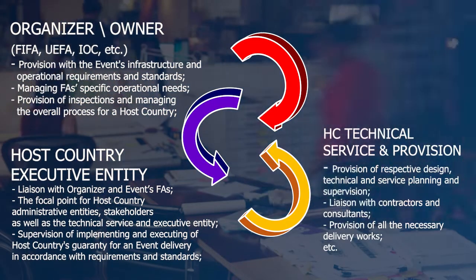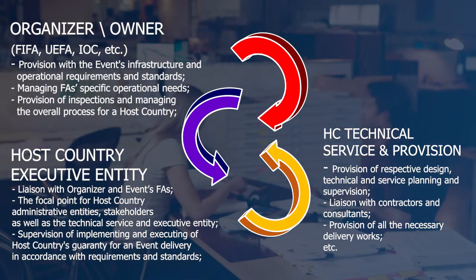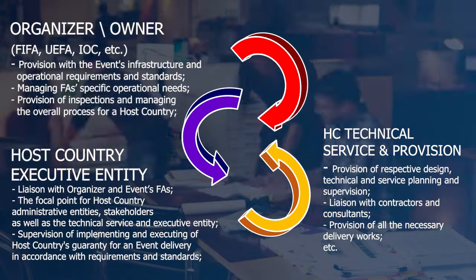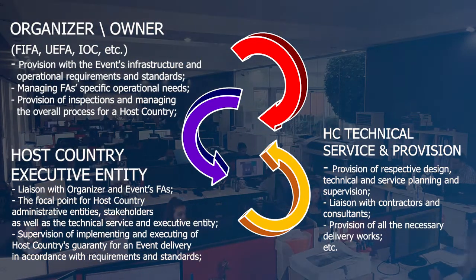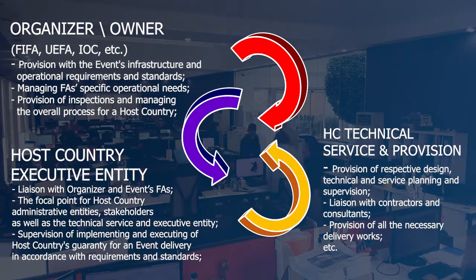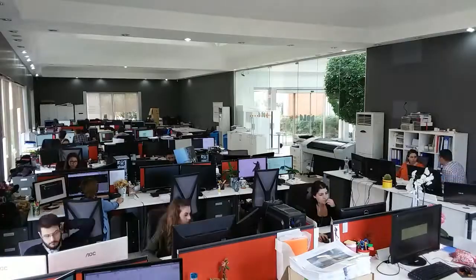And the host country service entity that provides technical support for the event, namely overlay planning, preparation of graphic schemes, interaction with local government structures, stakeholders, and contractors, and finally provides timely delivery of all the necessary infrastructure. Obviously, that entity also manages the associated necessary budget for design and delivery.